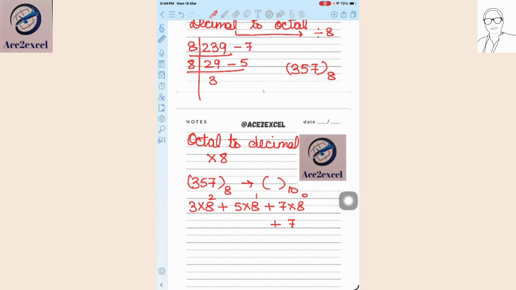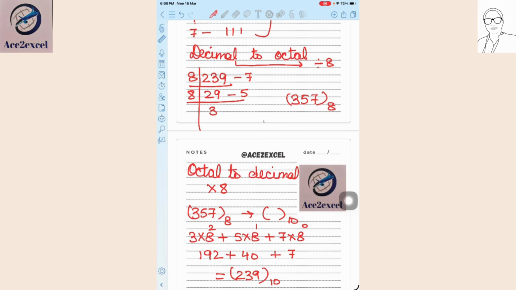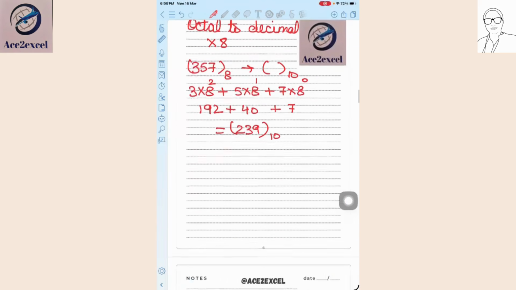This will give you 7, this will give you 40, and this will give you 192. When we add all of them, 192 plus 40 makes 232 plus 7 makes 239. So we have converted octal back to decimal. Again, quickly recapitulating, if you are converting decimal to octal, you need to divide by 8. If you are converting octal to decimal, you need to multiply by 8.